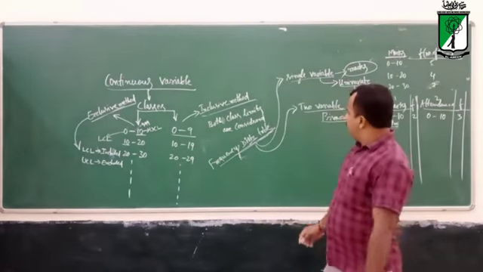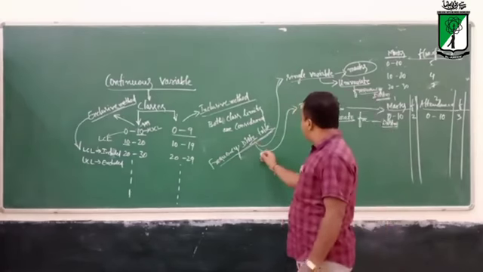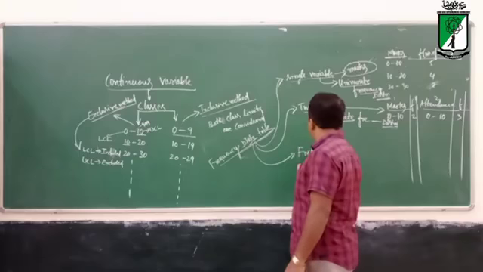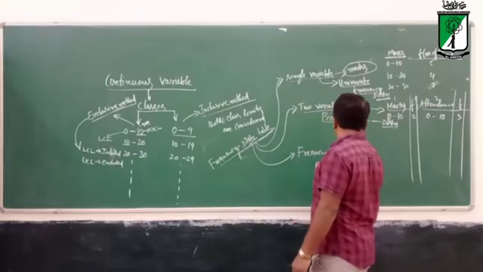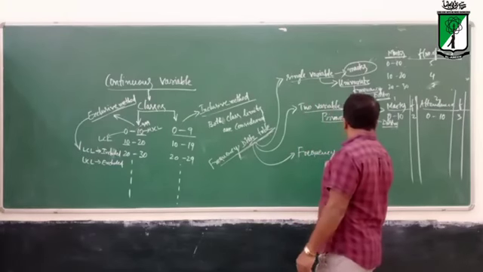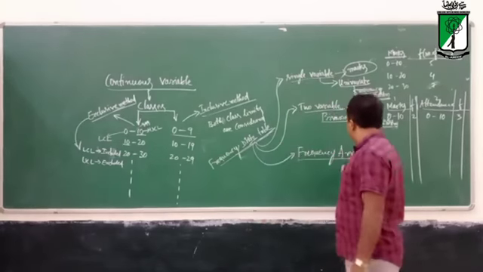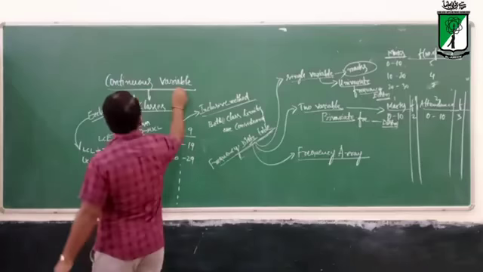Then there is another type of frequency distribution table we prepare, which is called a frequency array. What exactly is that? Let us understand. I already told you in the beginning that there are two types of variables.